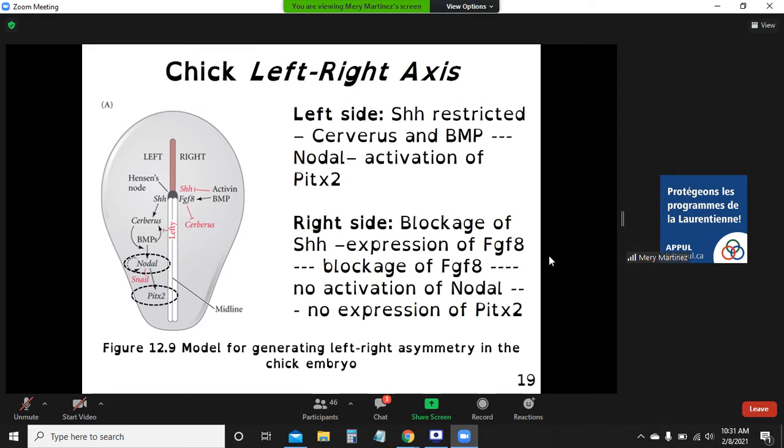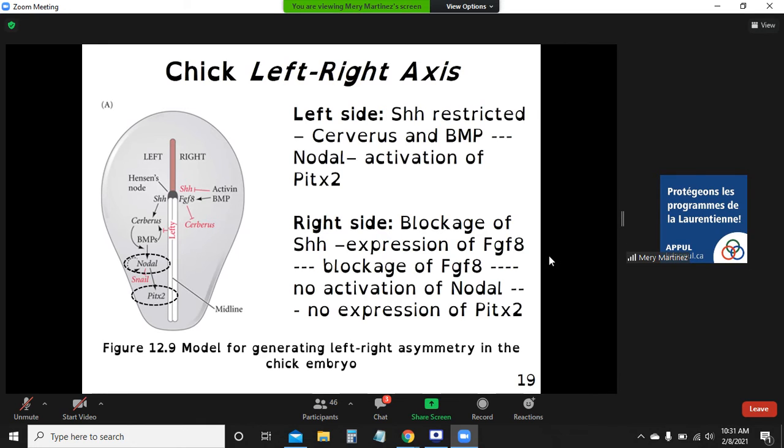Now we have left the left and right axis, right? We know how the anterior-posterior was formed and the dorsoventral. The distinction between the right and left sides in vertebrates, once again, is primarily controlled or regulated by two proteins, the paracrine factor nodal, right, and the transcription factor PITX2.